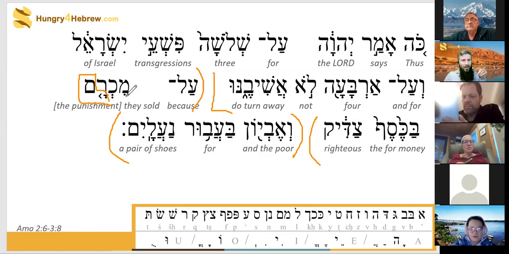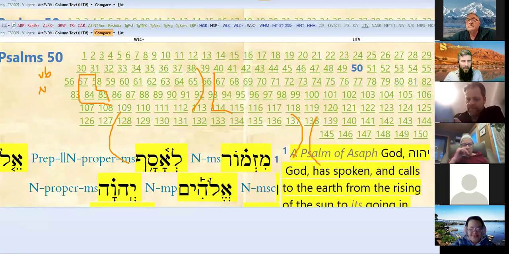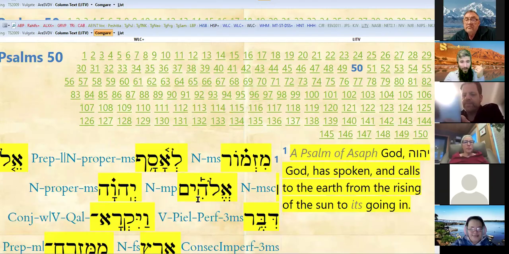Ah, okay. So we need to figure out if this is a verb, a noun, or something else. What are we going to do? We're going to run over to the morphological codes and see if we can find it showing up anywhere else in the Bible. I have an idea of what it is, but I don't want to say it until I have a confirmation.